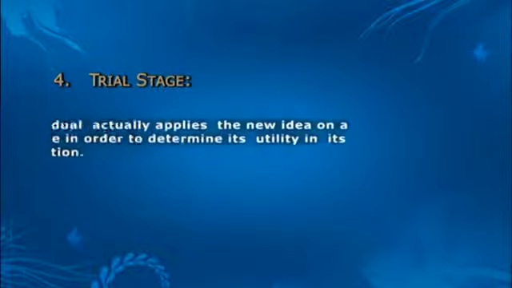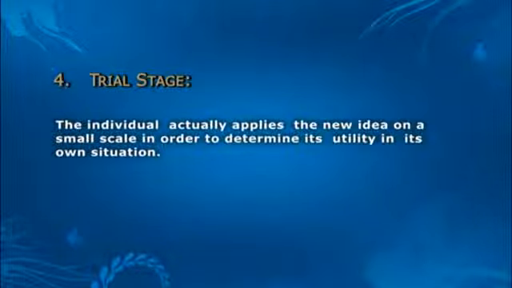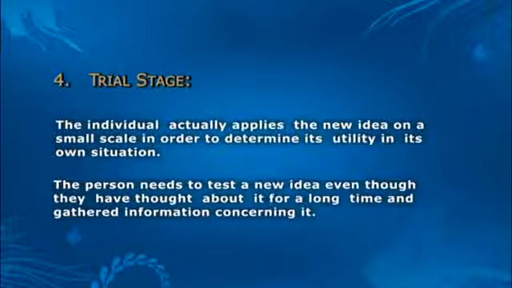The fourth stage is the trial stage. The individual actually applies the new idea on a small scale in order to determine its utility in its own situation. Example, the person needs to test a new idea even though they have thought about it for a long time and gathered information concerning it.